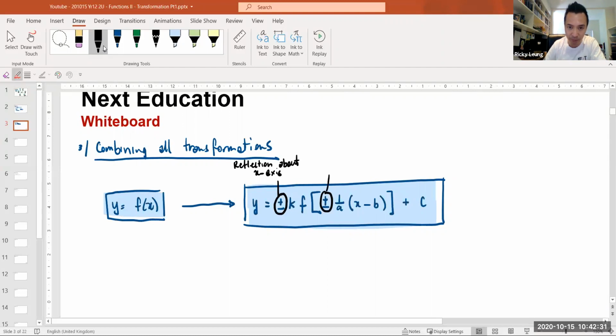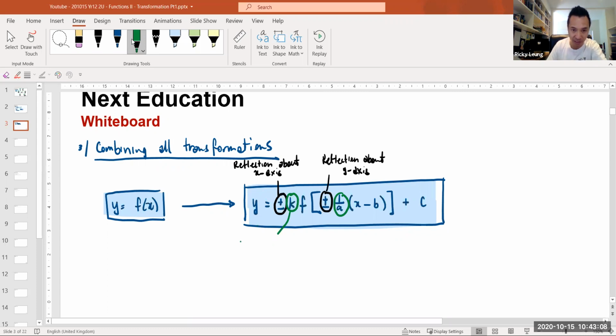This one here, by the same token, is reflection about the y-axis. And when it comes to a pecking order, we always do reflection first. Second one, let's unpick our dilation factors. So we've got 2 dilations here. This guy here, if you think about it, that k could have been over here divided by k, which then gives the sense of x on a and y on k.